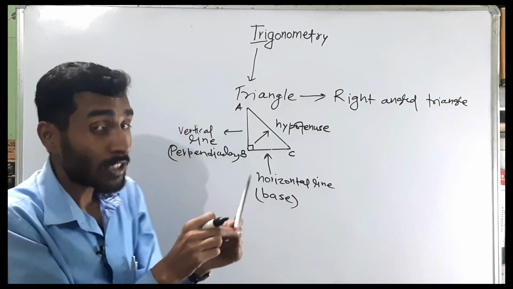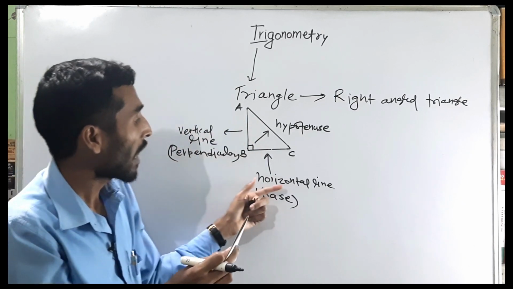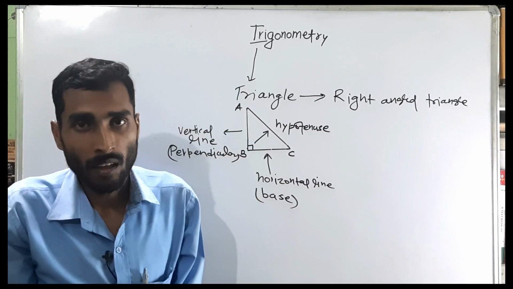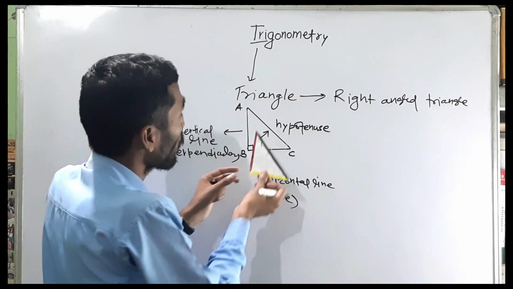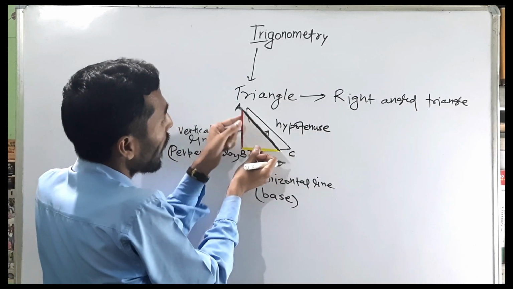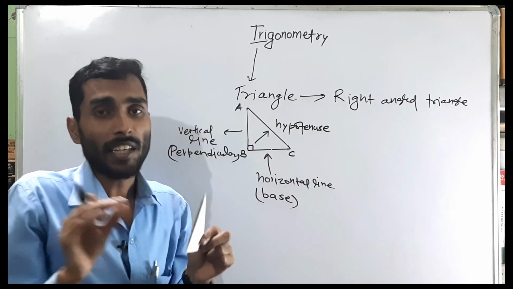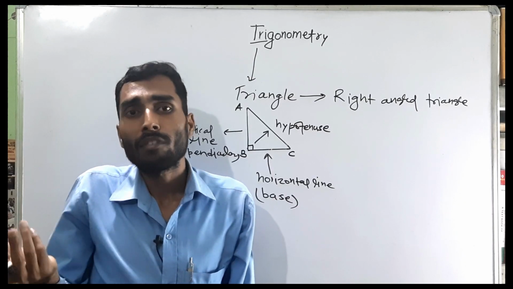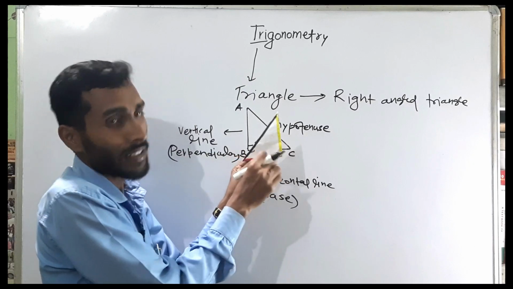Defining the perpendicular and base in this way is the wrong way. At one moment you are saying that this is the perpendicular, and at another moment you are saying that this is the base. So there needs to be some clarification: when will you say this is the perpendicular and when will you say this is the base?